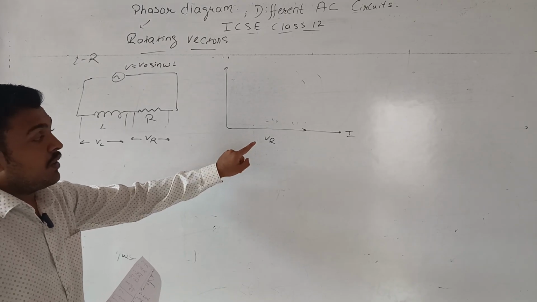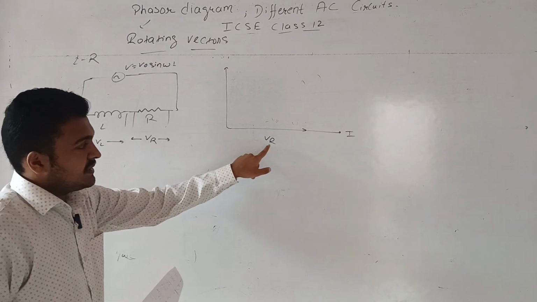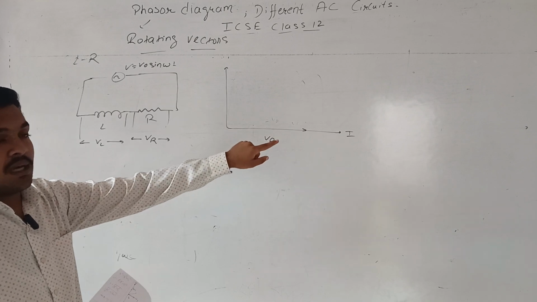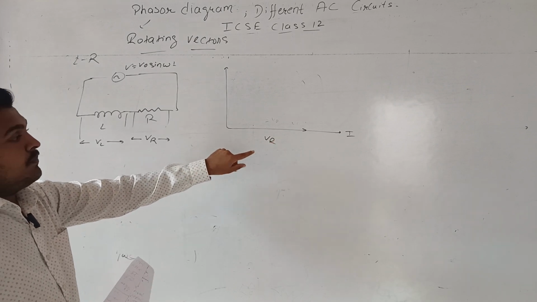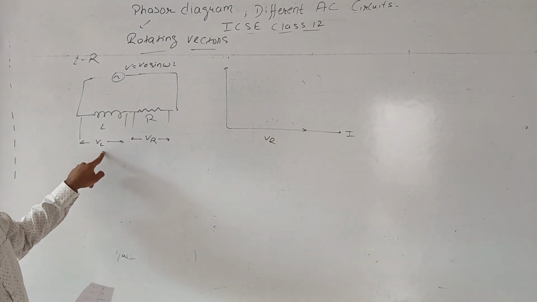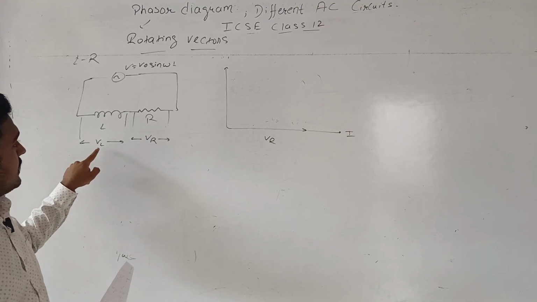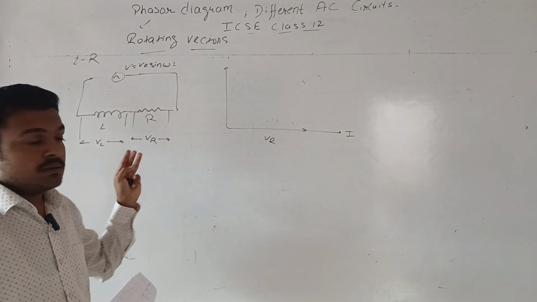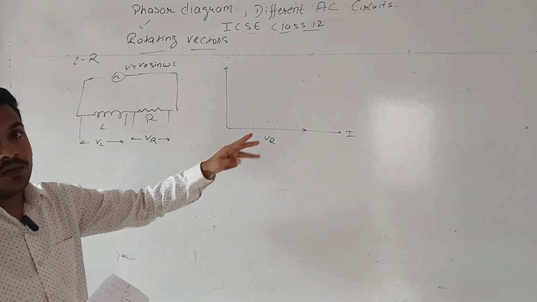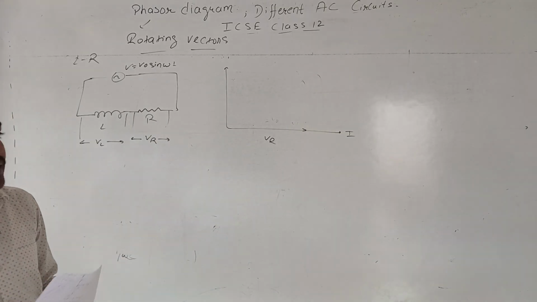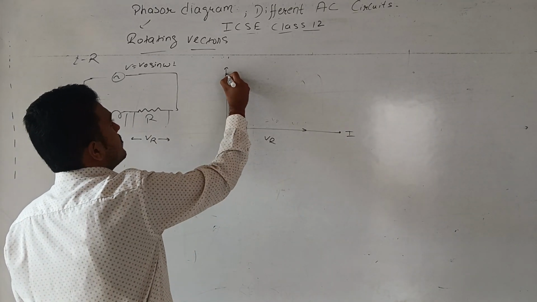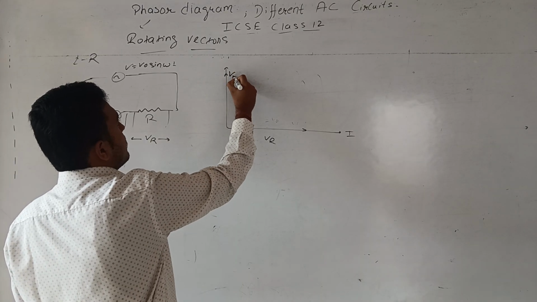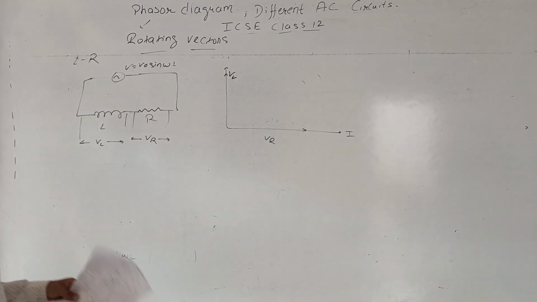Because for a resistance only, potential and current are in the same phase, and for an inductor, the potential is leading the current by 90 degrees, or the current lags by 90. So this will be the direction of the potential for the inductor.